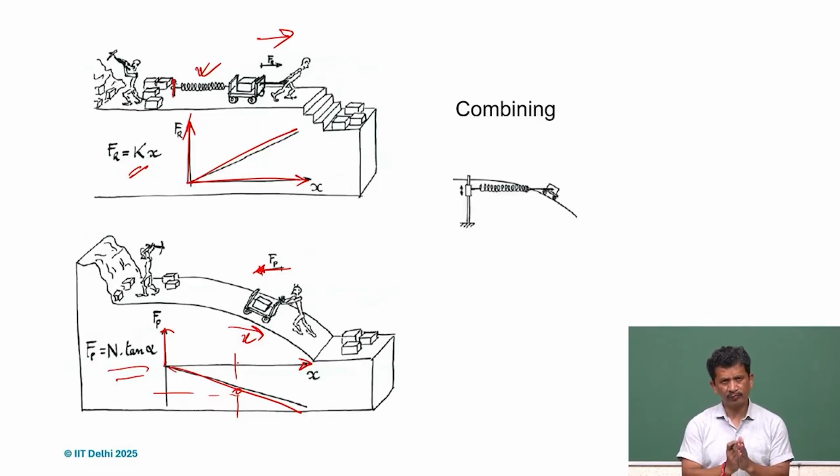So what happens if we combine them? Suppose we lower the load on the ramp and then connect this part with this spring. Of course these two stiffnesses will be added, and if it's finely tuned, if the positive and negative K are matching, in a way we can get zero stiffness.